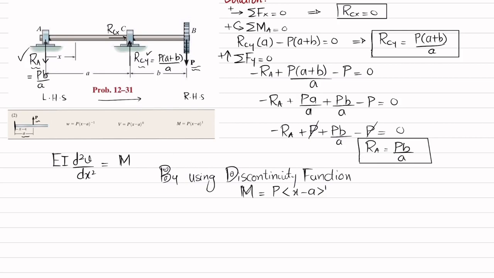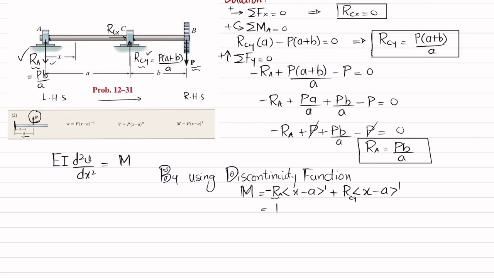As you can see, this load RA is upward and this force P is downward, so it will be minus P. Now this force RCY, which is P into (a plus b), is upward, so I will write another plus P into x minus a power 1. Here this P is equal to RA, and this will be equal to RCY.